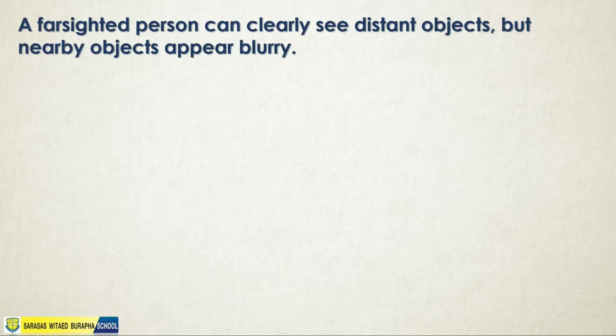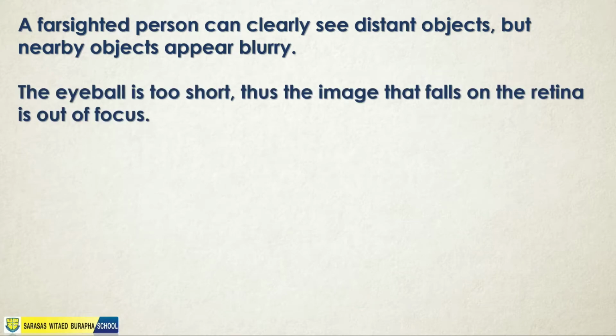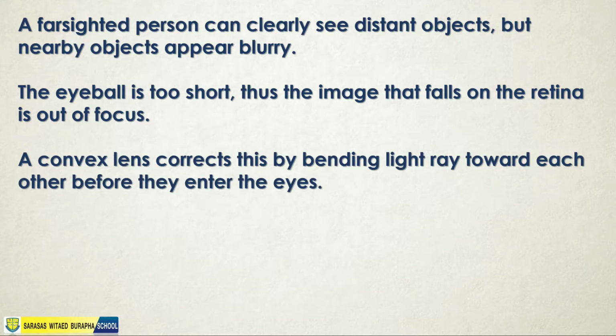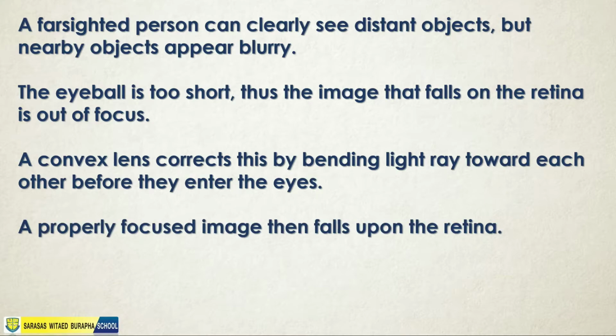A far-sighted person can clearly see distant objects, but nearby objects appear blurry. The eyeball is too short, thus the image that falls on the retina is out of focus. A convex lens corrects this by bending light rays toward each other before they enter the eyes.